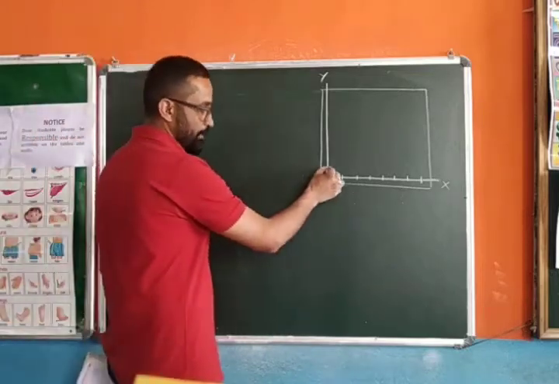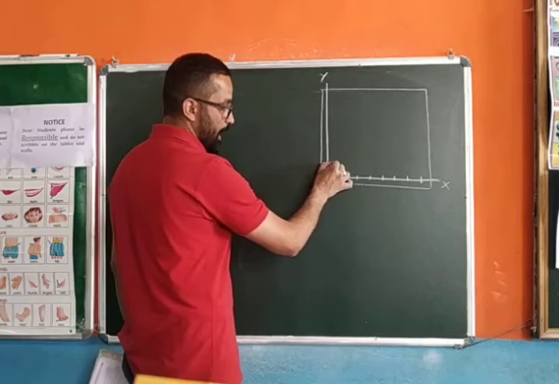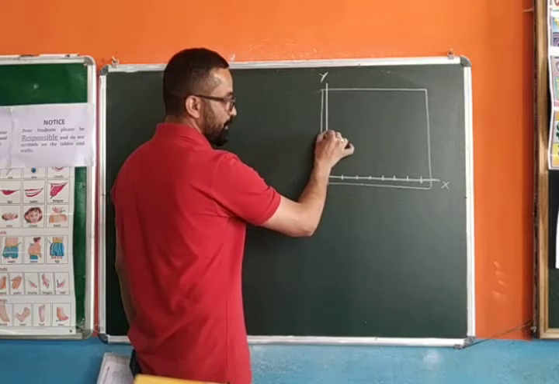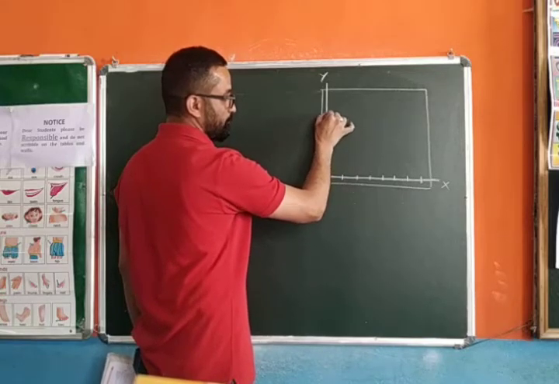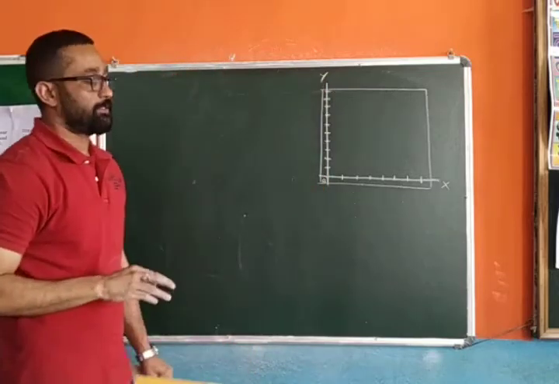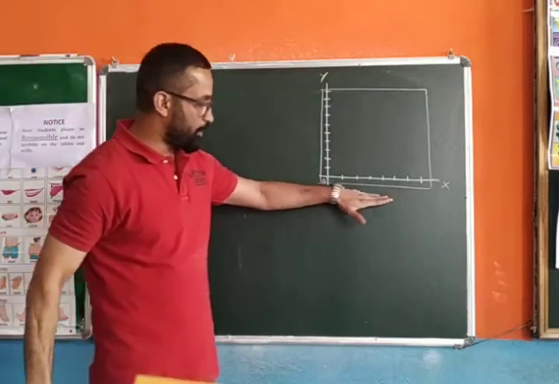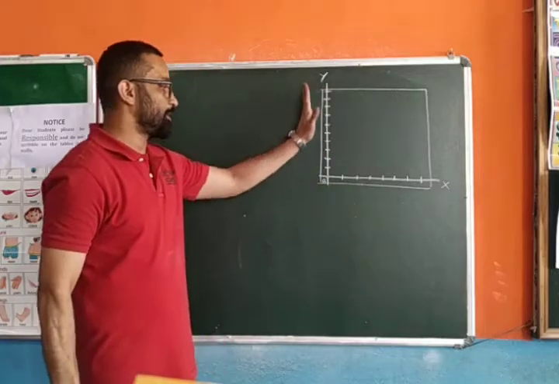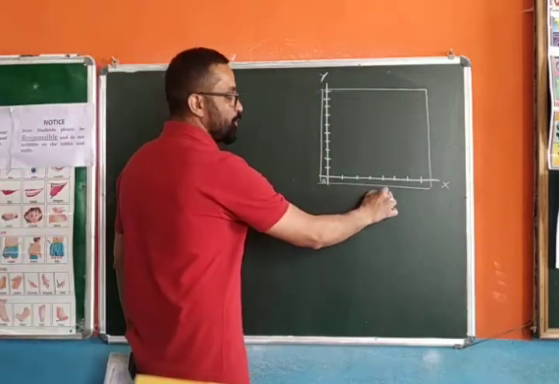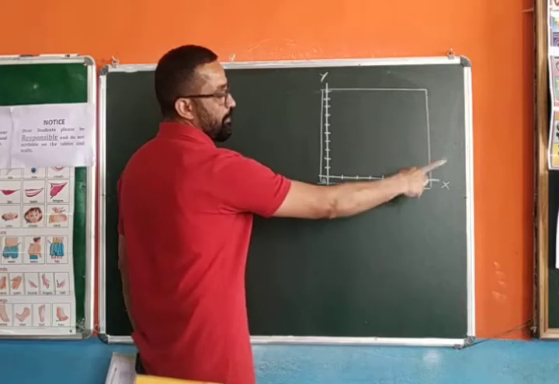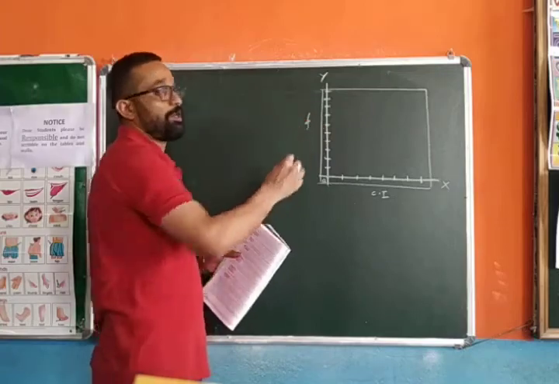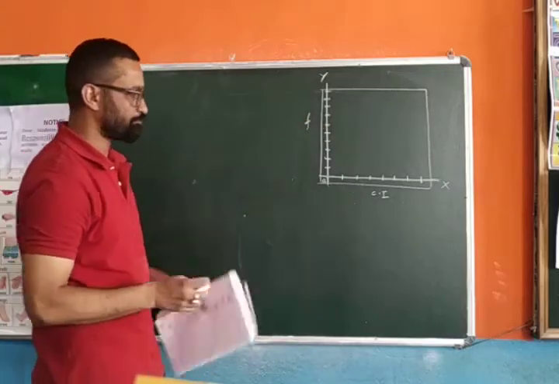So you take 1 centimeter and mark it. 2 centimeter along x-axis, 1 centimeter along y-axis. Class interval you have to plot along x-axis and frequency you have to plot along y-axis.